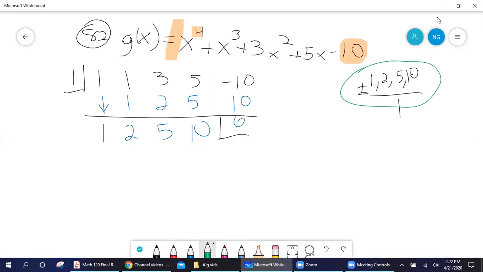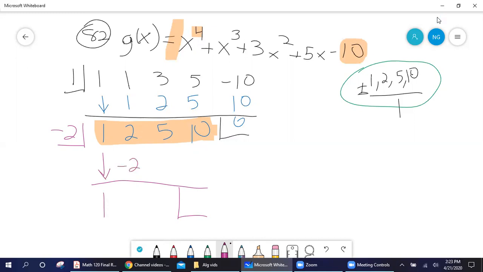And what I can do is I can take this smaller polynomial and synthetically divide again. This time I'm going to synthetically divide by -2. And I see that when I do that, I do get a remainder of 0 again.